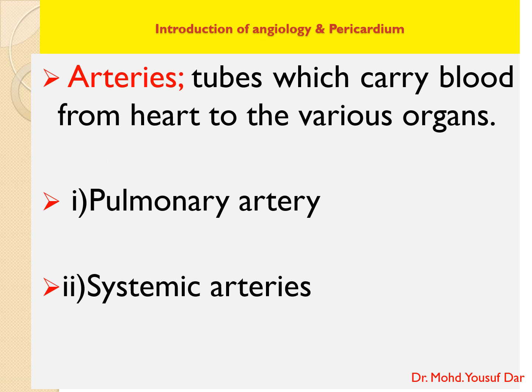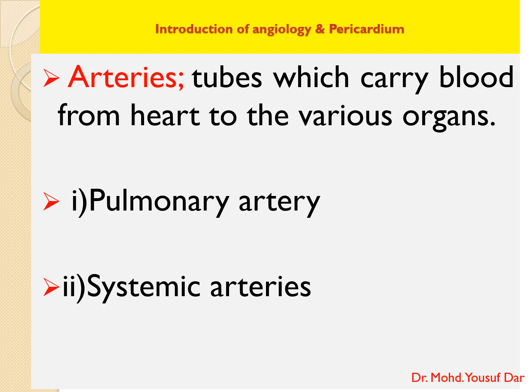Now the arteries. The arteries are the tubes which carry the blood from the heart to the various organs of the body. So the arteries are the pulmonary artery and the systemic arteries. The pulmonary artery arises from the right ventricle and carries the blood to the lungs for purification.